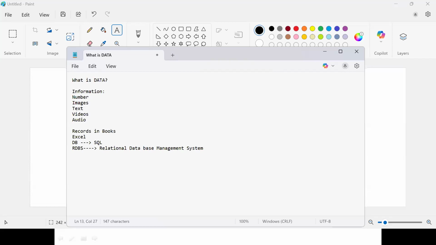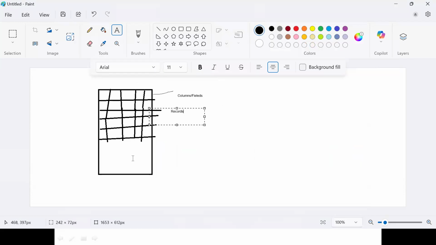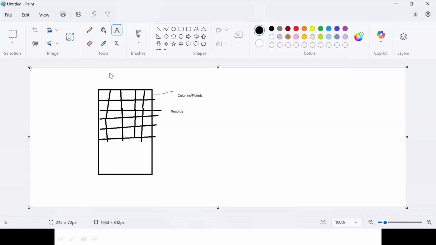So what is meant by RDBMS? RDBMS stands for Relational Database Management System. With the name itself, we get to know it is relational. Instead of keeping data in one table, they added multiple tables.